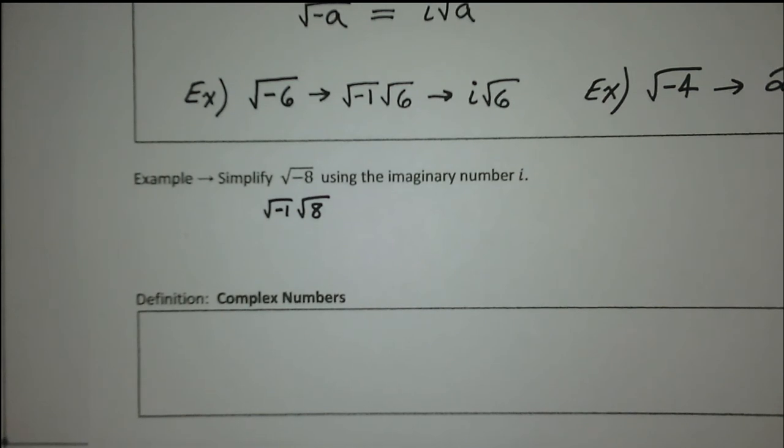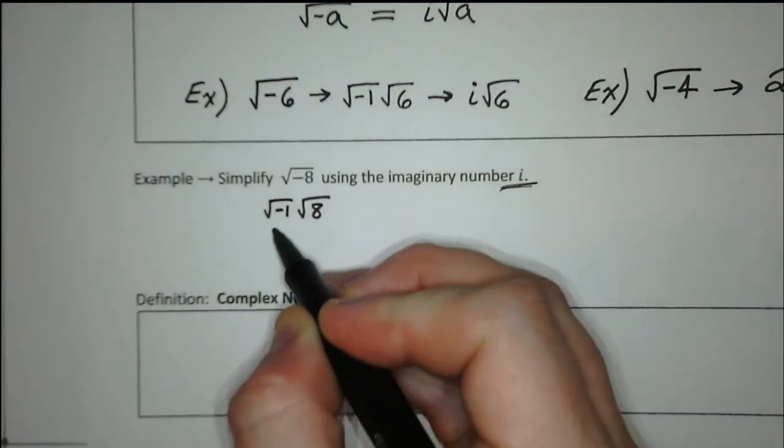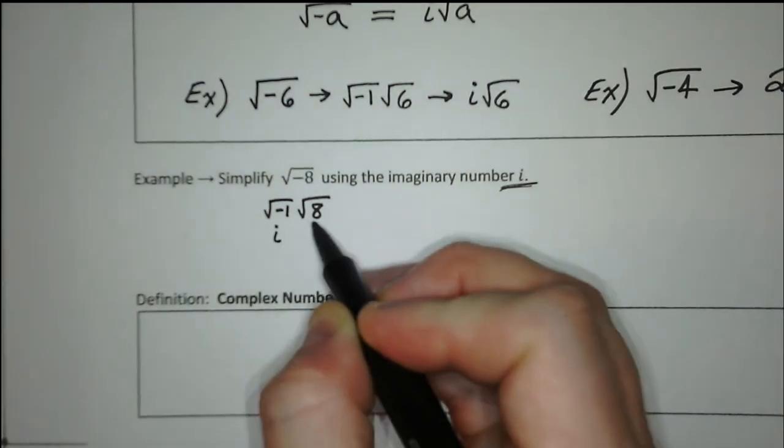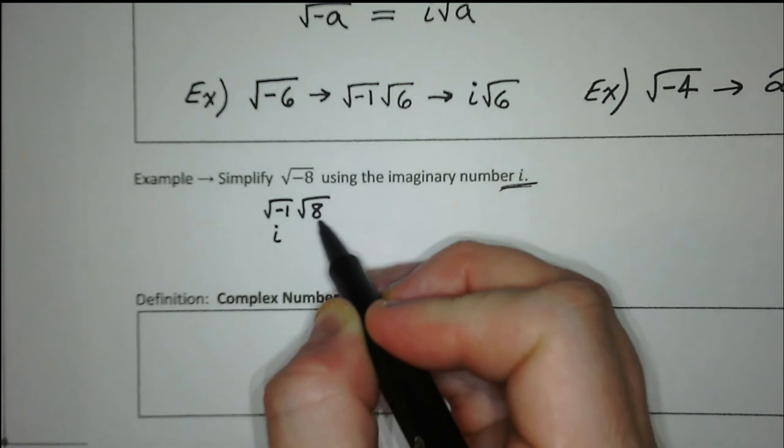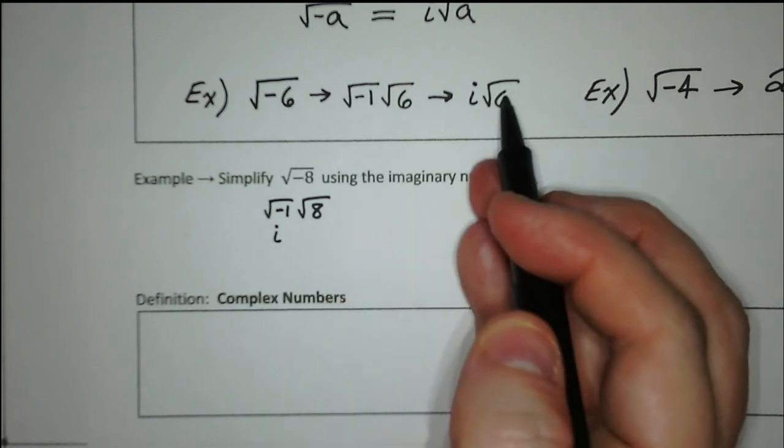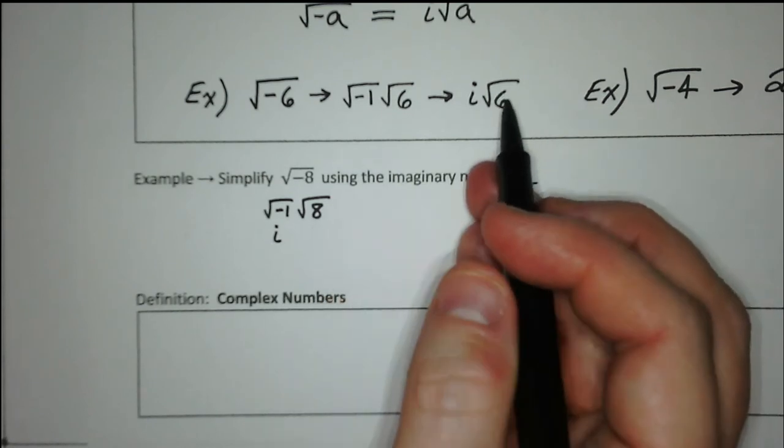It's imaginary, so at the very least we break off the negative 1 so it becomes an I. But you have to remember that the square root of 8 is not like the square root of 6 or the square root of 11.